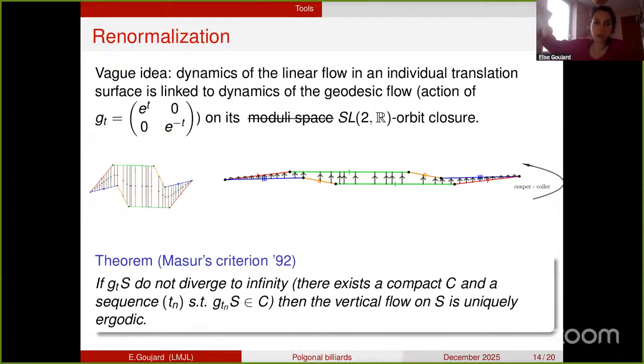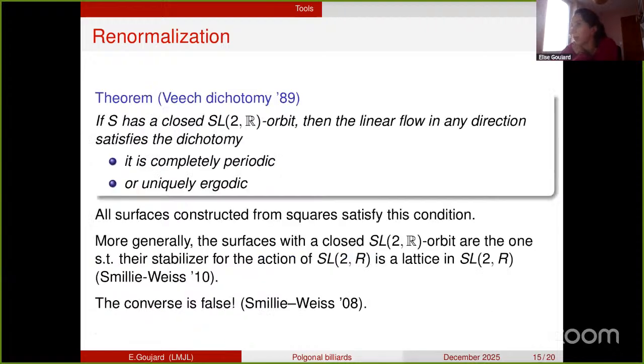So the behavior of the trajectory of the geodesic flow on the moduli space is linked to the trajectory of the vertical flow on your fixed surface. So this is the first instance of this principle.